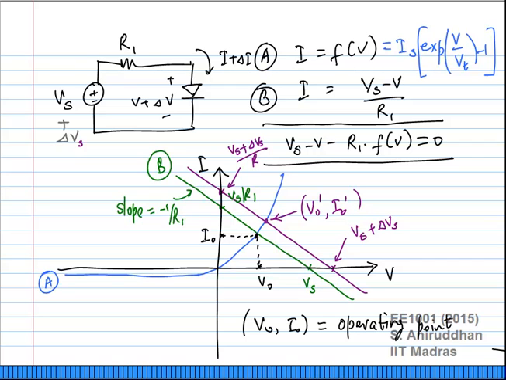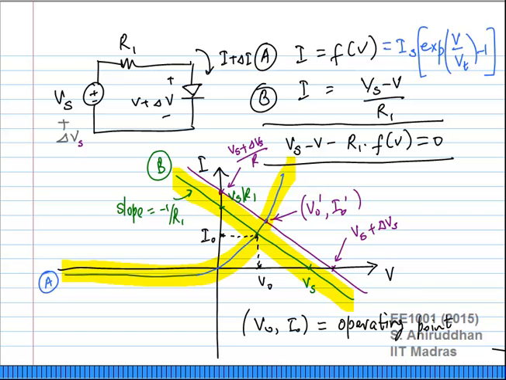So you plot the equation of the diode, I equals f of v. Then you can also plot the IV characteristic of the resistor, which is in series with the diode. This is the equation of the straight line describing the other KVL relationship.